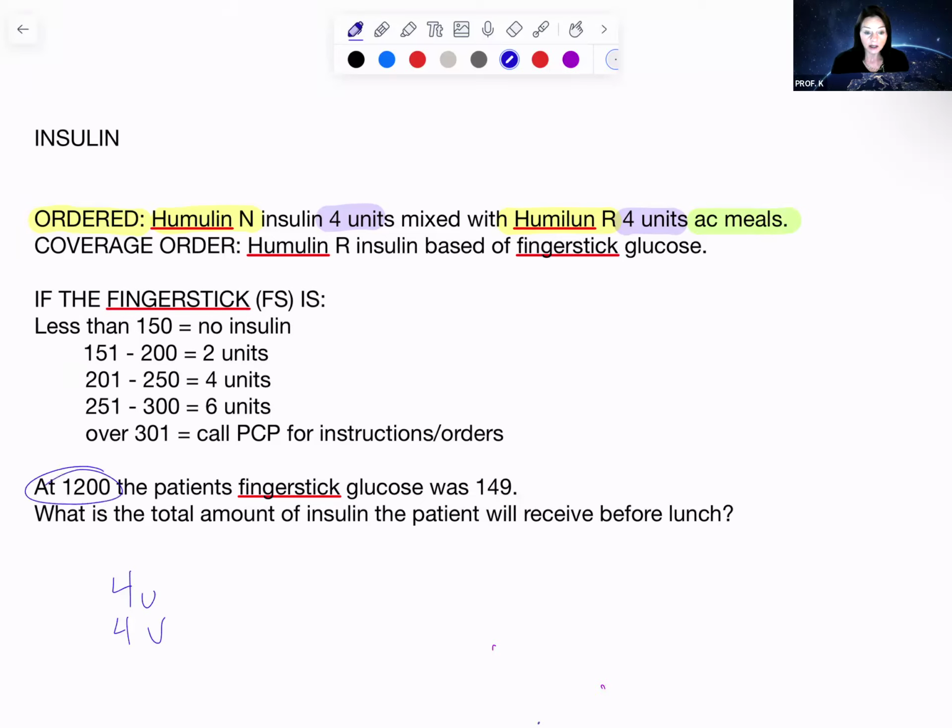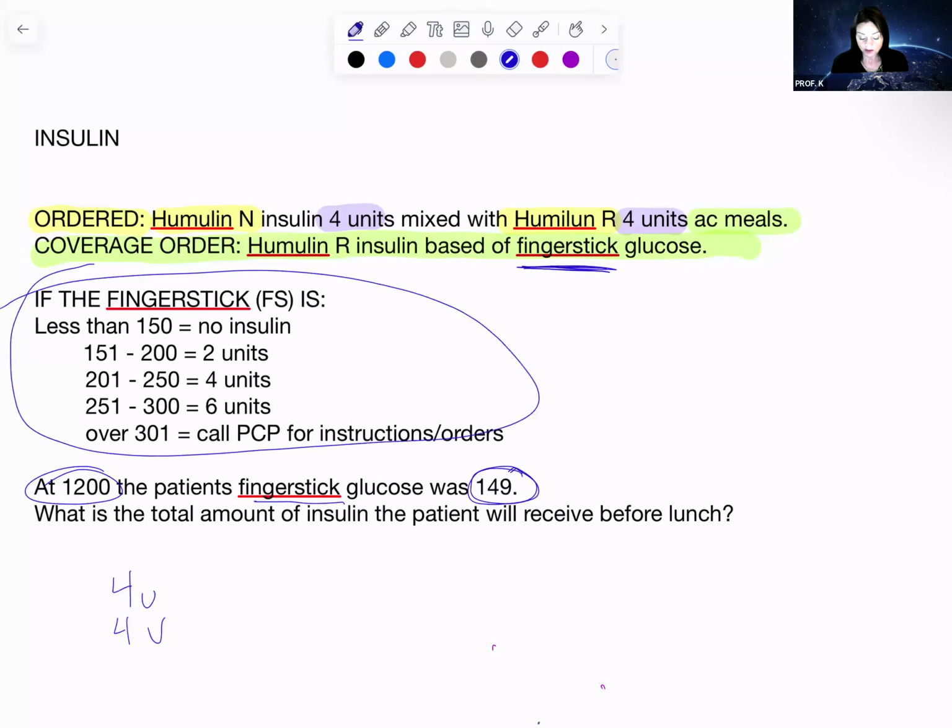At 12 o'clock, the patient's finger stick was 149. Because if you look here, we've got the doctor ordering special coverage orders. A coverage order is based on the patient's finger stick. So at noon, which is lunchtime in the hospitals, the patient's finger stick was 149, and these are the coverage orders.